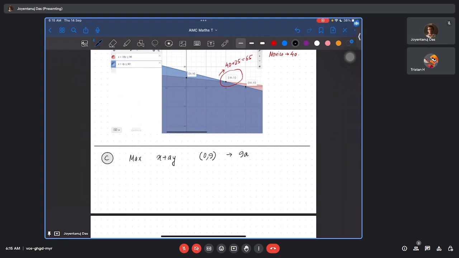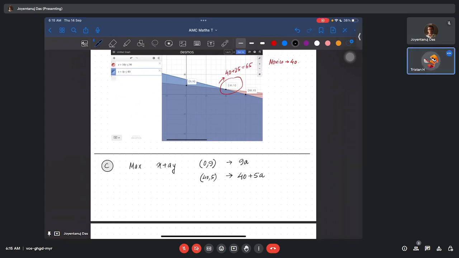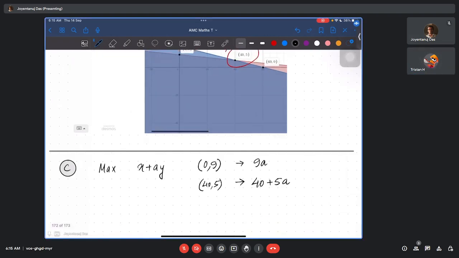And you are saying that it should be bigger than 40 plus 5a when I evaluate at (40, 5). If the value of a was 10, then they would be equal. So the answer has to be 11 for a. That is the argument.